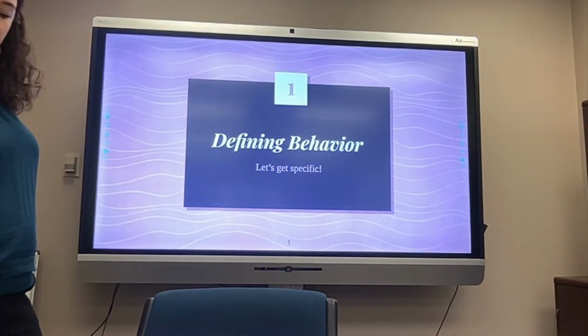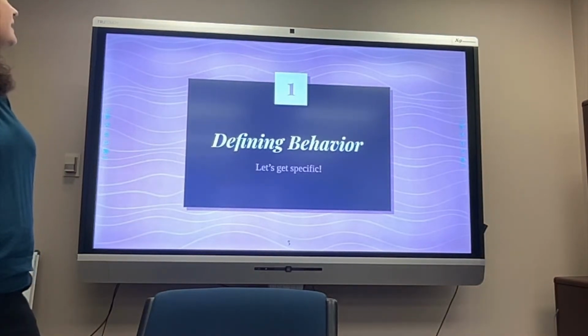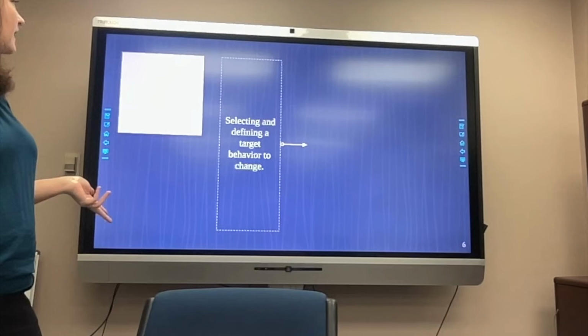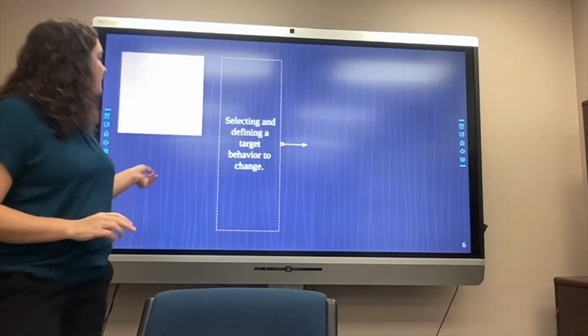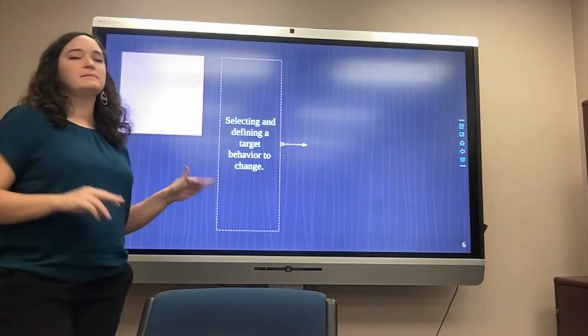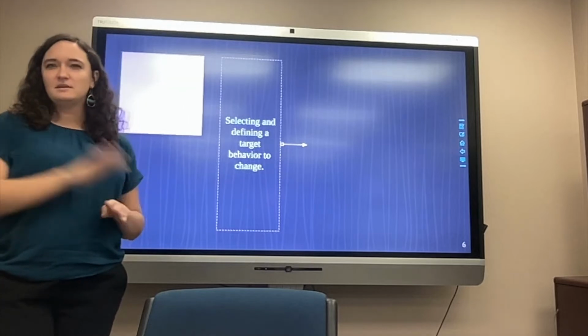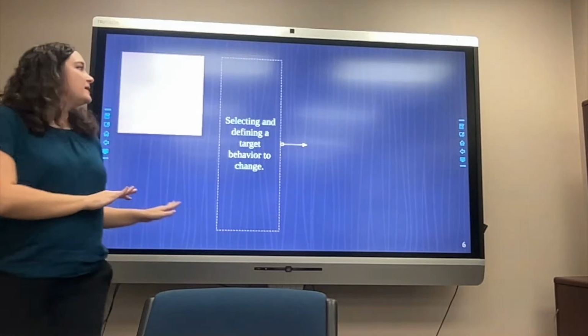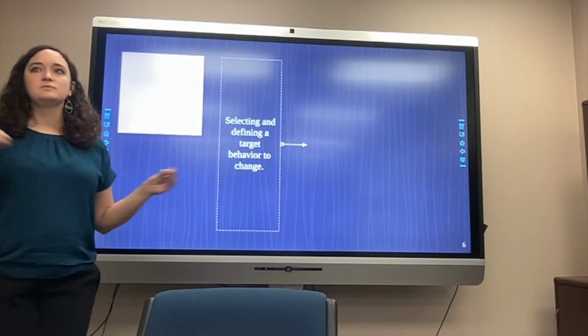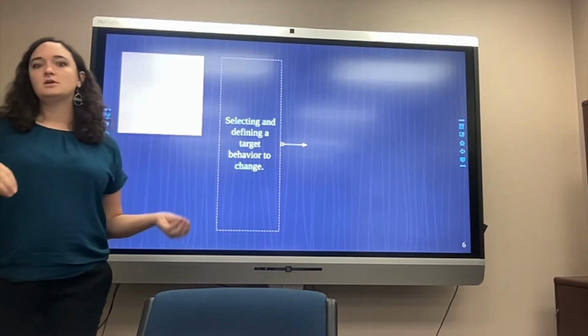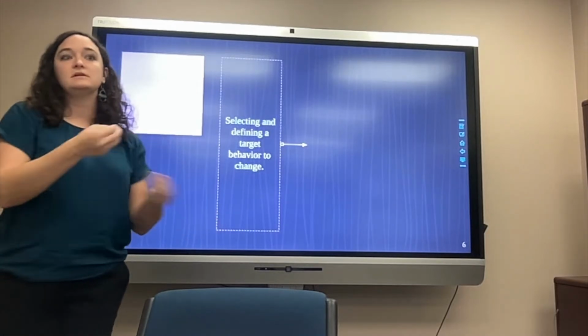So first, I think you might have talked with Megan about defining behaviors a little bit. Anytime that we're talking about reinforcement and punishment, I always like to start by discussing defining behavior. I'm not going to get into it too much since I think you've already talked about it a little bit, but just to know that when you're talking about reinforcement and punishment, it's important to know which behavior you're reinforcing and punishing.